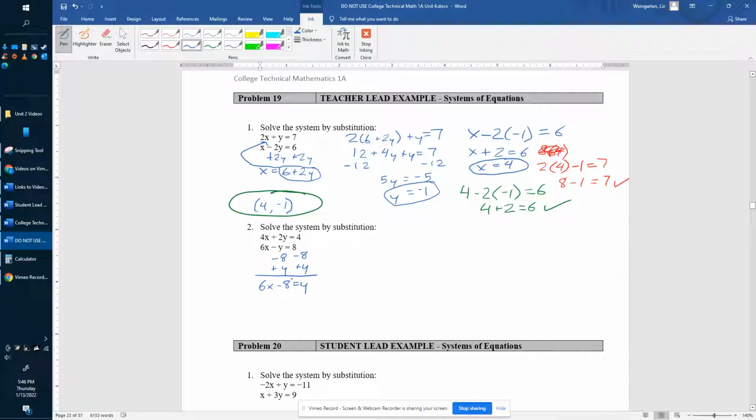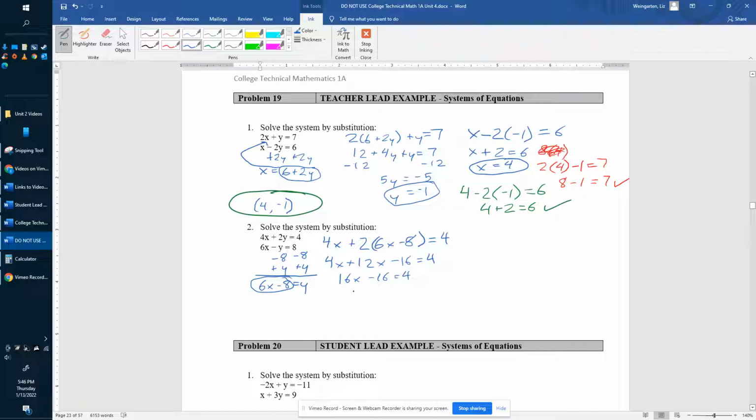So I'm going to plug this in for y in the other equation. x plus 2 times what we got for y, 6x minus 8, equals 4. x plus, and we'll distribute, 12x minus 16 equals 4. 4x plus 12x is 16x minus 16 equals 4.